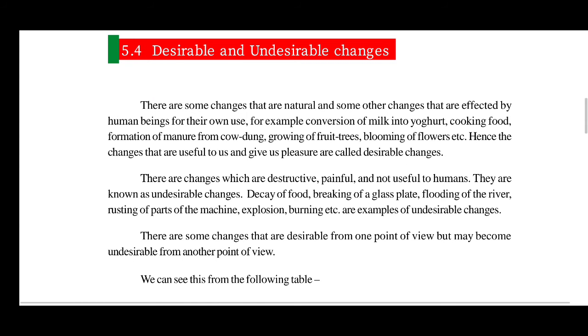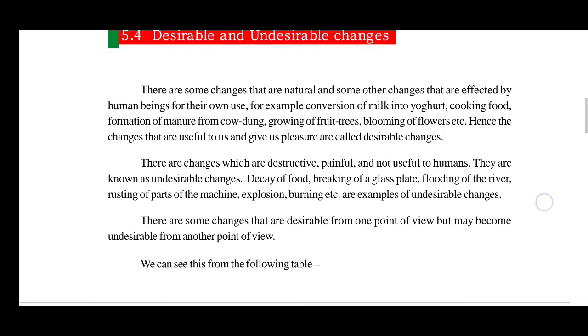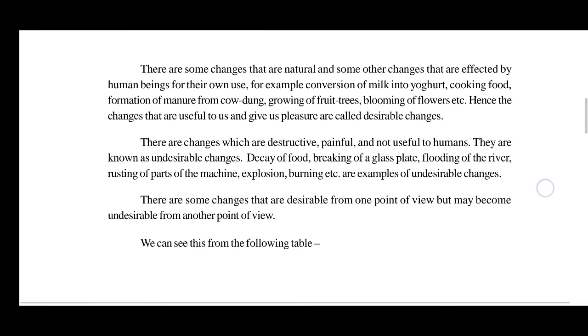Desirable and undesirable changes. Some changes are natural and some are affected by human beings for their own use. For example, conversion of milk into yogurt, cooking food, formation of manure from cow dung, growing fruit trees, blooming flowers, etc. Changes that are useful to us and give us pleasure are called desirable changes.